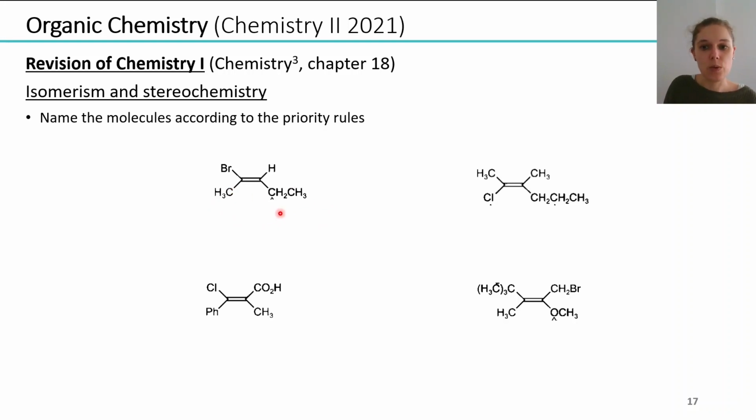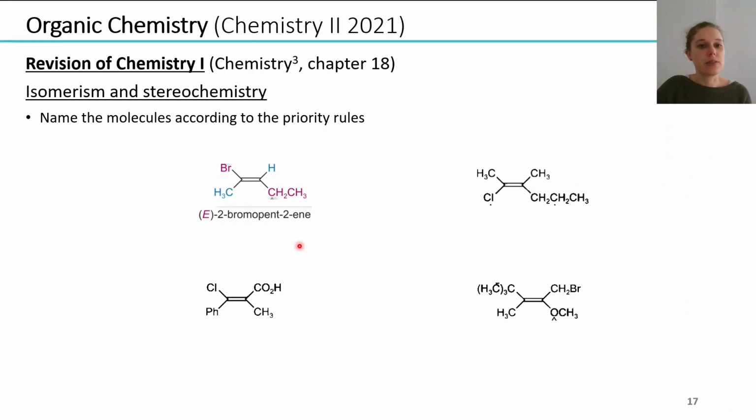So that means we have the ethyl group as second highest priority, then the methyl group as third priority, and the hydrogen atom as the lowest priority. Then we know that the bromine and the ethyl substituent are on opposite sides of the carbon-carbon double bond. And that means that we have an E isomer.